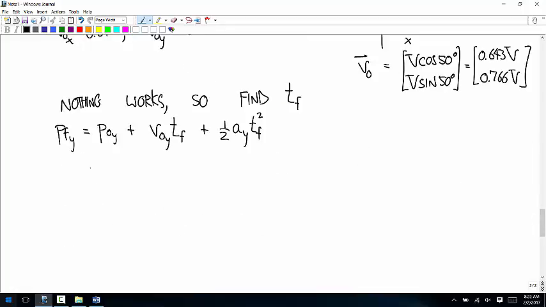So PFY is equal to 0.2. 0.2 is equal to 1 plus 0.766 times V times TF minus 4.905 TF squared.